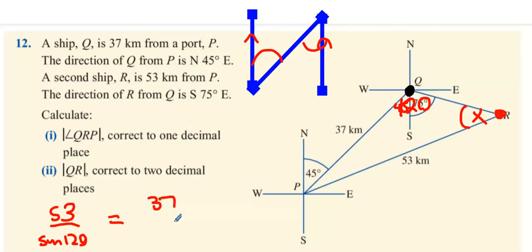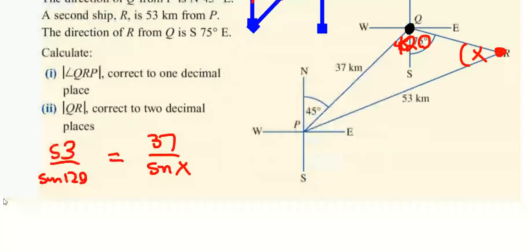So it's 37 over sin X. Angle question or length question? Angle. What way do angle questions end? Sin inverse, cos inverse, or tan inverse? In this case, which one do you think it's going to be?